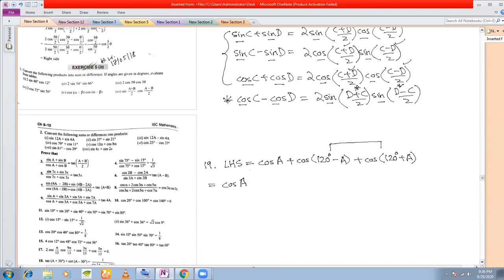What we are going to do here is, this is cos plus cos type, so this we are going to change to a product. The cos plus cos will give you 2 cos cos. 2 cos, this angle is D plus C, 120 degree minus A, D plus C by 2, cos D minus C by 2.